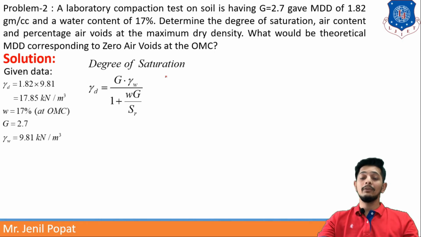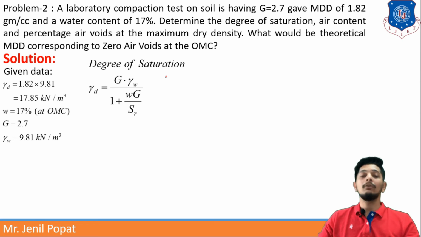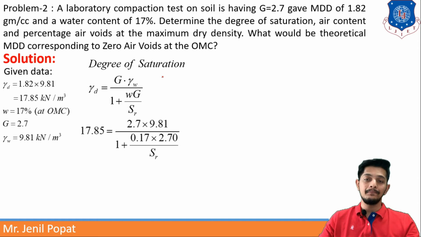First of all, I'll find out degree of saturation from the formula, again derived from index properties and relationships. Gamma D is equal to G into gamma W upon 1 plus Wg upon SR. Here I want to find out SR. So I will put value of W, G, gamma W and gamma D. Gamma D has been put as 17.85, G as 2.7, gamma W 9.81, W 0.17.